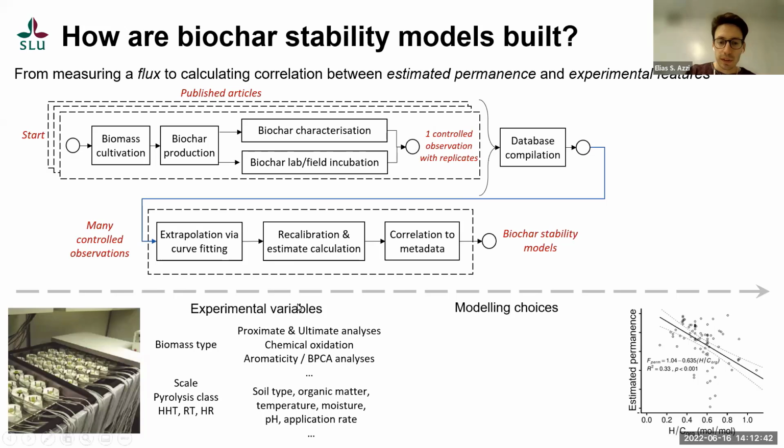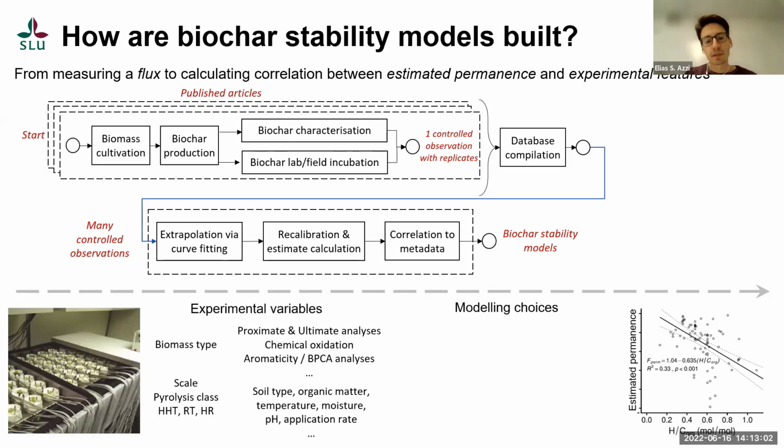Then once we have done that step, we go to the recalibration and the estimate calculation. So for instance, we can calculate BC100, the 100-year permanence, mean residence time, half-life, and apply different correction factors, for instance, to account for soil temperature changes.